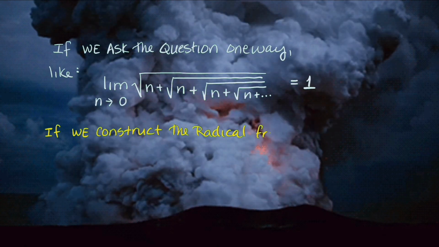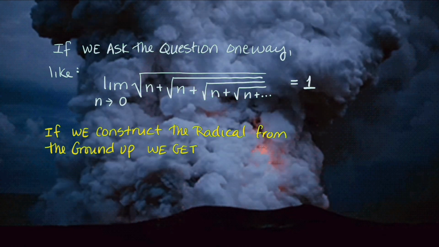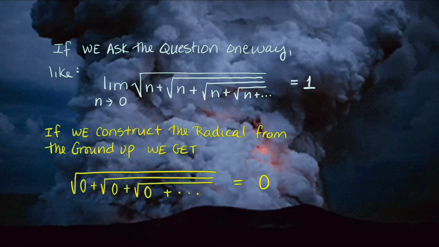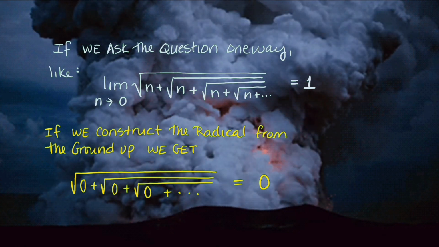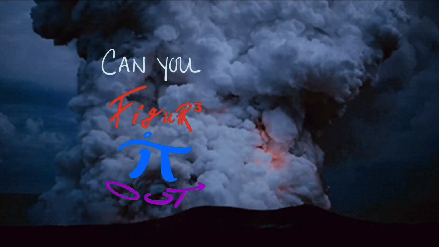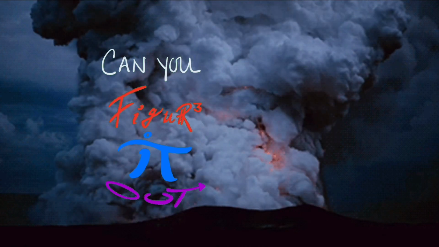However, if we construct the series of nested radicals with all zeros in them from the ground up, we get 0. And I leave it to the viewer to understand the difference of why that is. Can you figure it out?